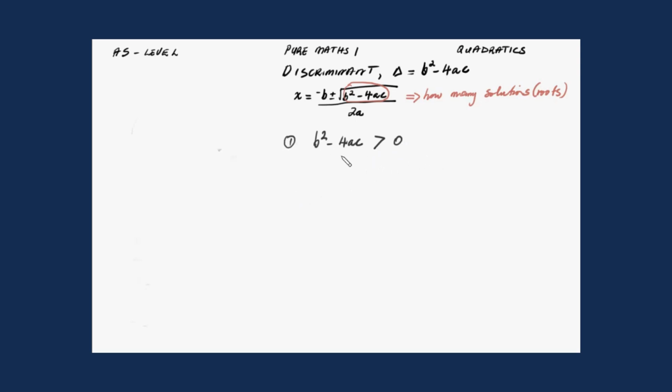So when we have this case, it means that when the discriminant is greater than 0, there are two distinct roots.